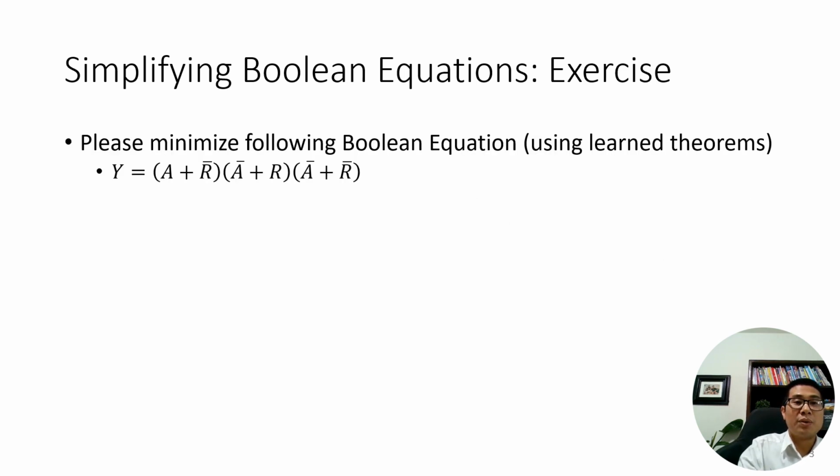So the next one is we're going to have one exercise, which is please minimize the following Boolean equation using the learned theorems. So this one is the product of some theorems, and the result should be not A not B, or Y equal to A NOR B. And why is this one?